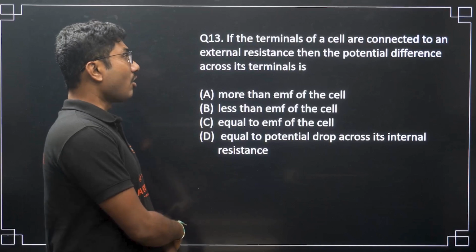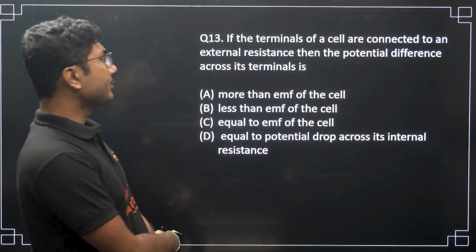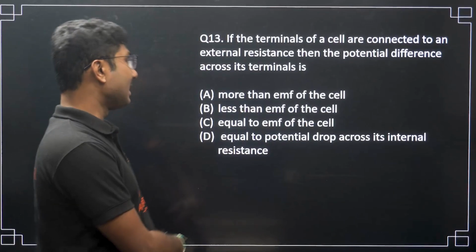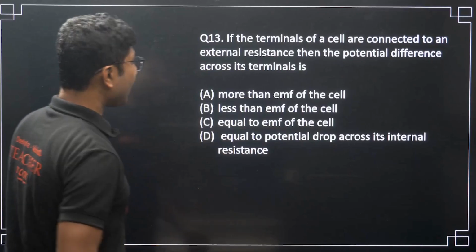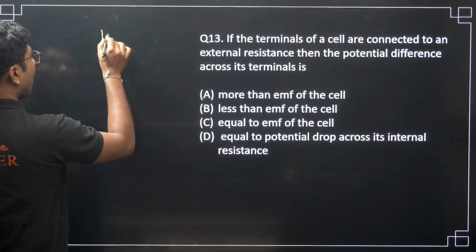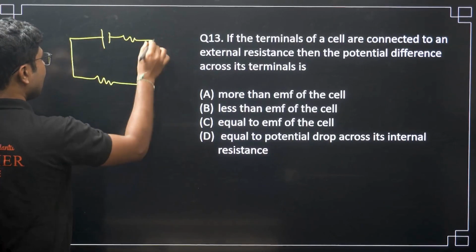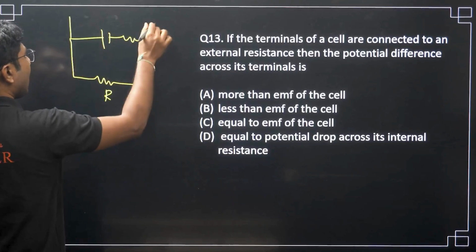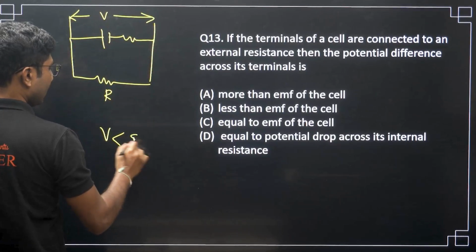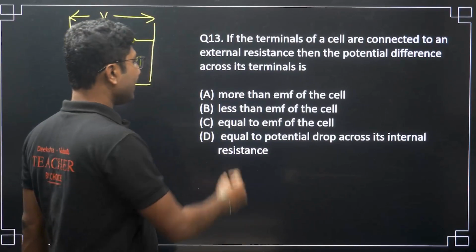If the terminals of a cell are connected to an external resistance, then the potential difference across its terminal is more than the EMF of the cell, or less than the EMF of the cell. So if you connect the terminals of a cell across an external resistance, the voltage across it is always less than the EMF of the cell.